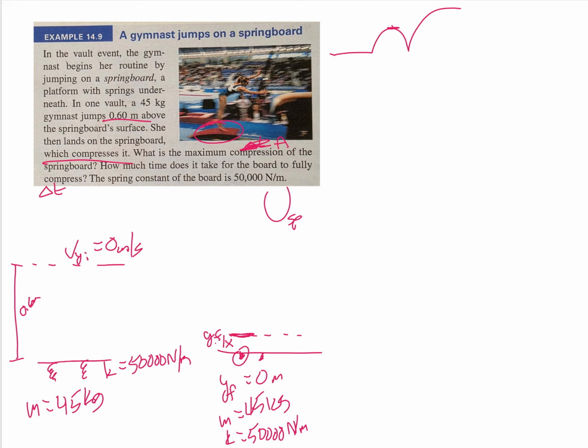What else do we have? The gymnast has kinetic energy. In the beginning or at the end? In the beginning, well, when she makes contact with the spring. Okay, but in the beginning, there's potential, right? So that would be potential gravitational.